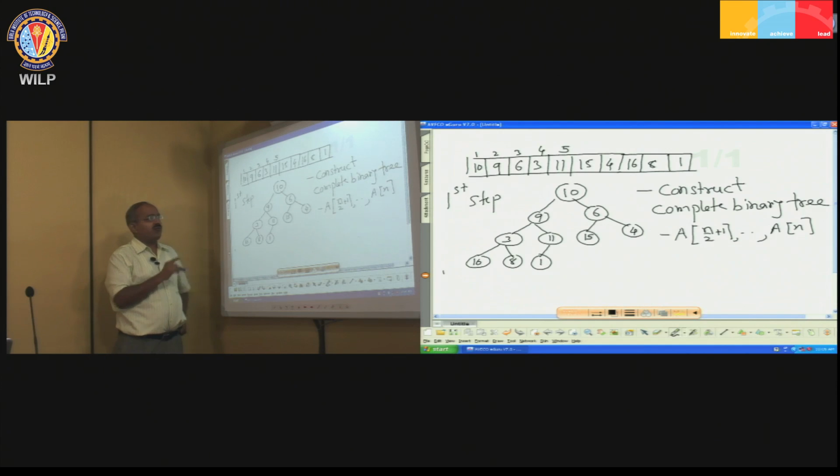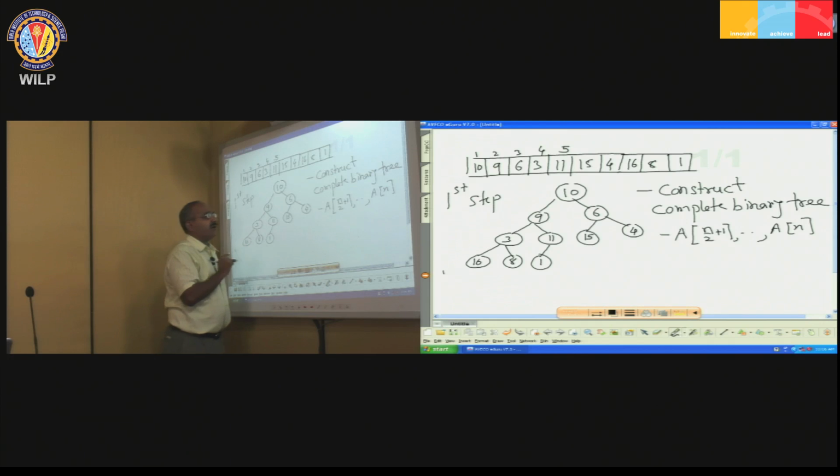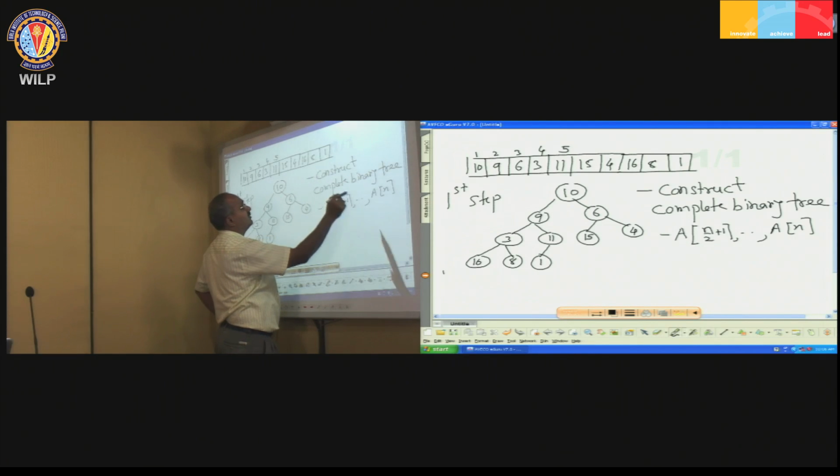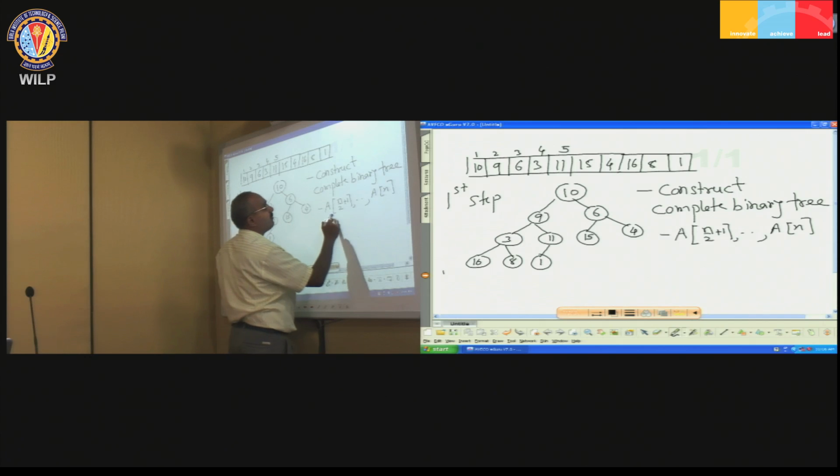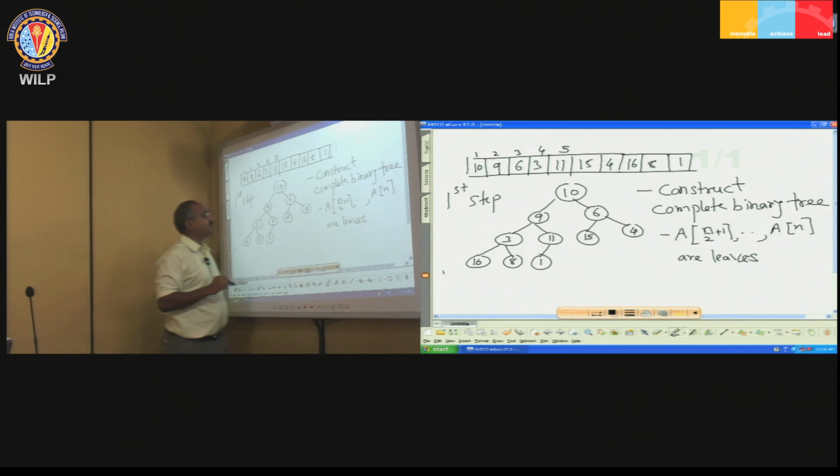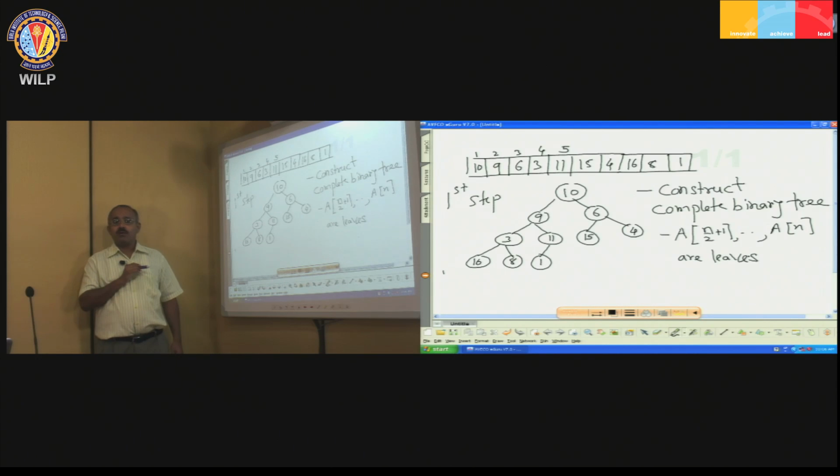To make things simple, let me assume n is even, so n by 2 is an integer. So in the array, a n by 2 plus 1 to a n are going to be leaves of the tree. So all these elements are leaves, and you do not have to check the heap property at these points.